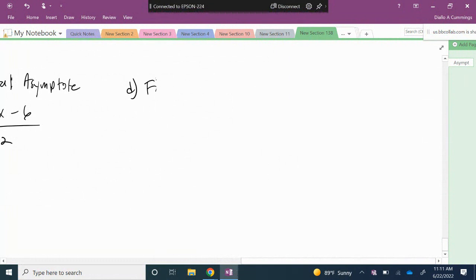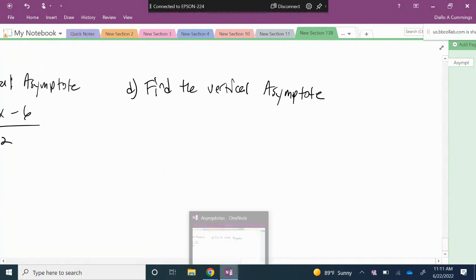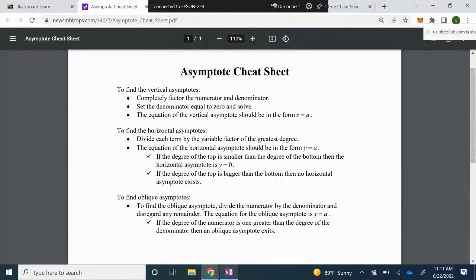So now we're going to find the vertical asymptote. In order to find the vertical asymptote, it says completely factor the numerator and the denominator.